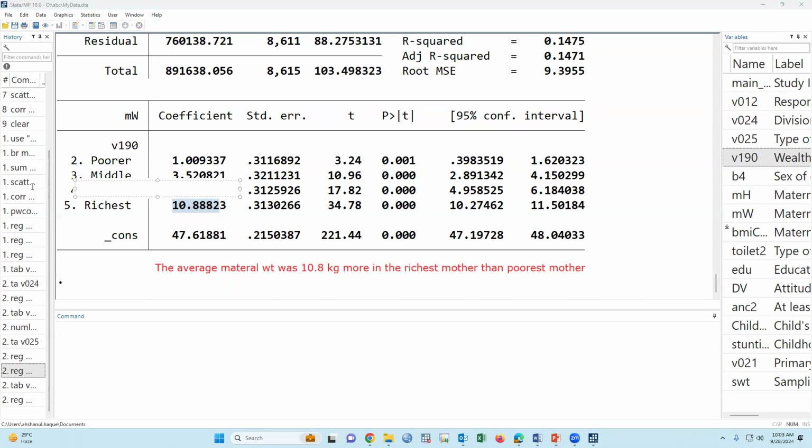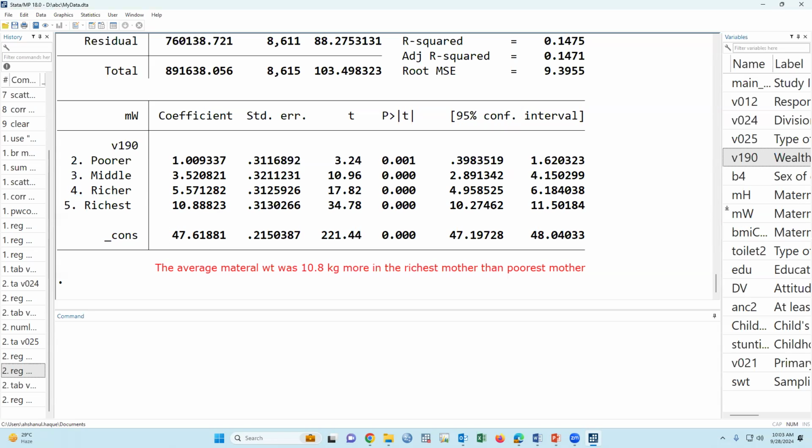For this value, the average maternal weight was 5.5 kg more in richer mothers than poorest mothers. Always we have to compare with poorest because the reference is poorest.